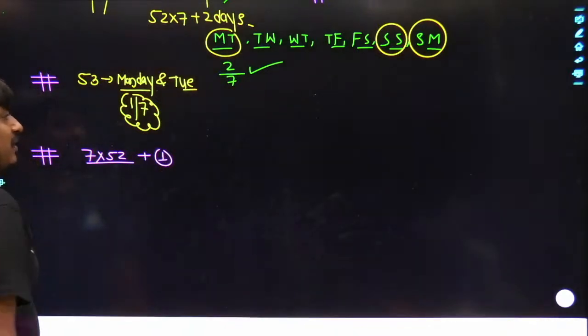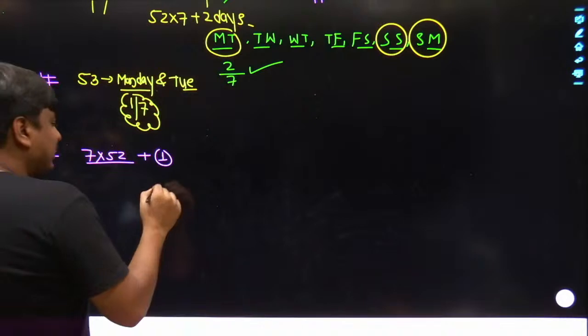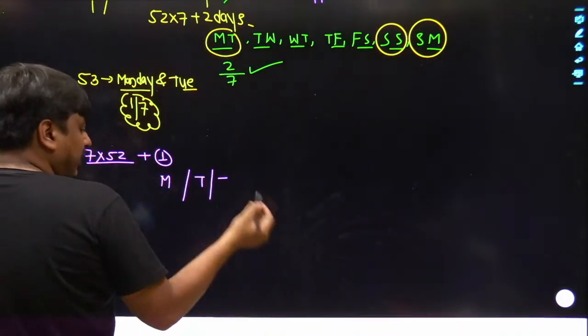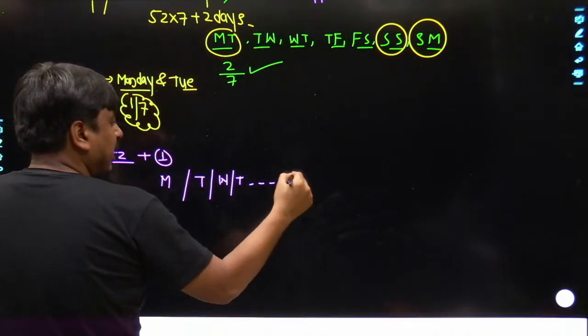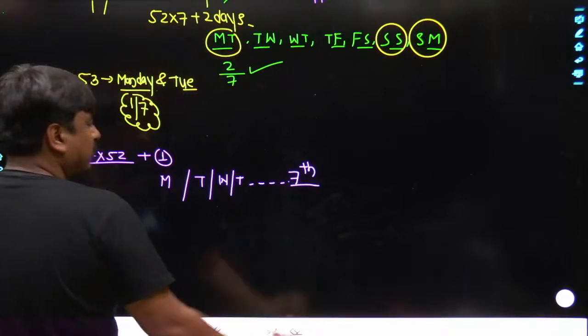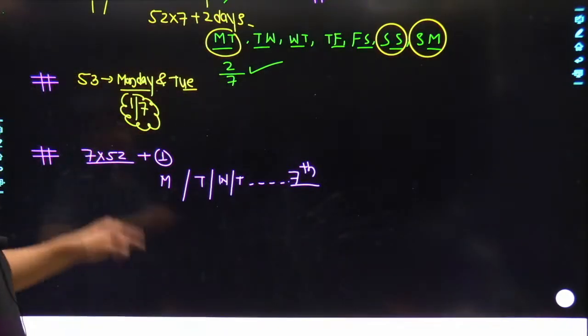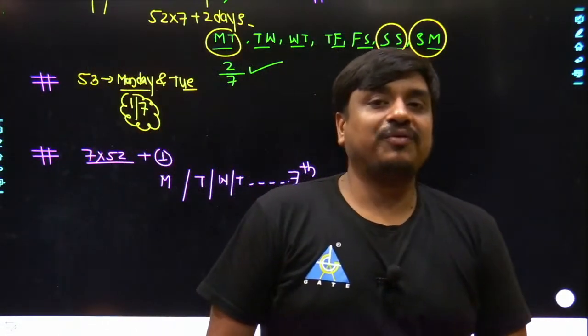That means you are left with only 1 day. That could be anything: Monday, Tuesday, Wednesday, Thursday, Friday, Saturday, Sunday. How many events do we have over the sample space? 7 different events, and now we want our Sunday to be 53.